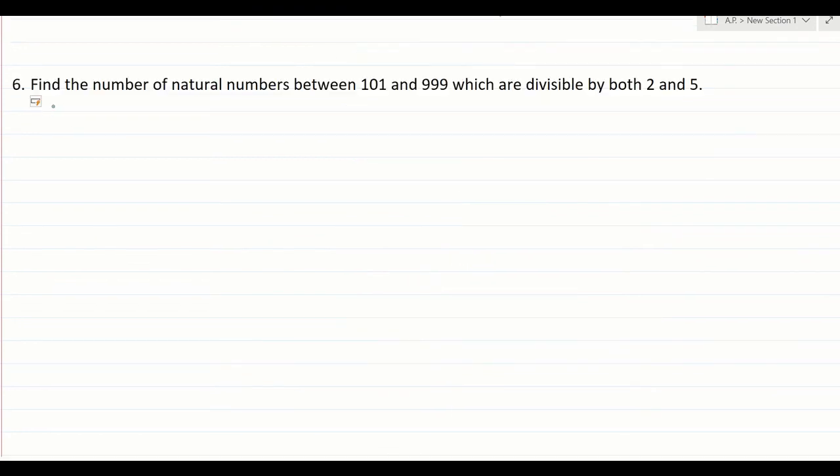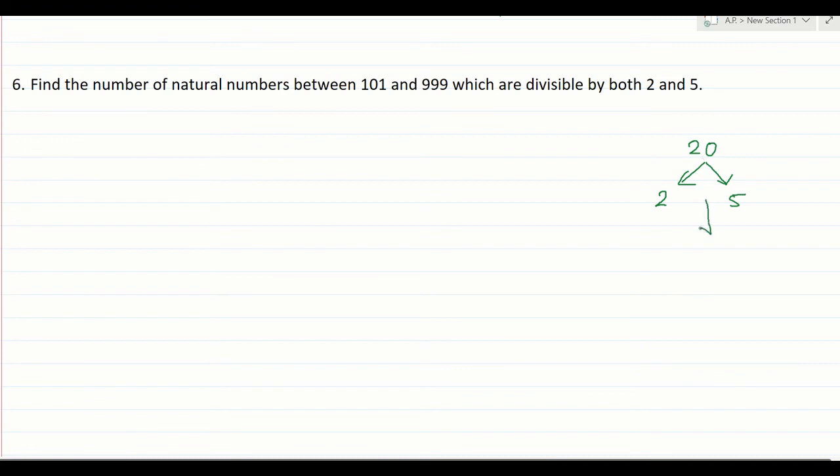Question number 6. Find the number of natural numbers between 101 and 999 which are divisible by both 2 and 5. Okay. Let's assume we have 20. Is 20 divisible by 2? Yes. Is 20 divisible by 5? Yes.